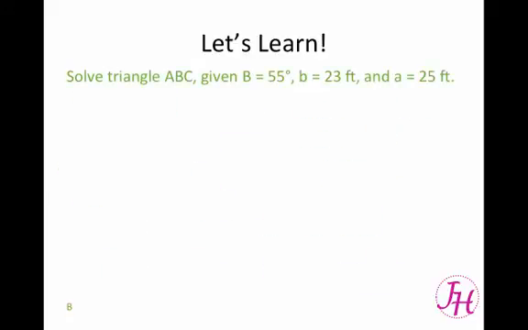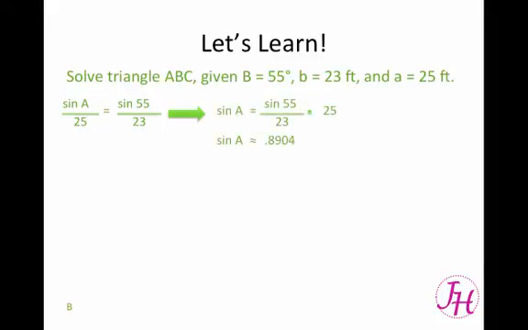The last situation. Solve triangle ABC given B is 55 degrees, side b is 23 feet, and side a is 25 feet. So set up your law of sines, and we solve for sine A, and we get a number that's between -1 and 1, so that's good.